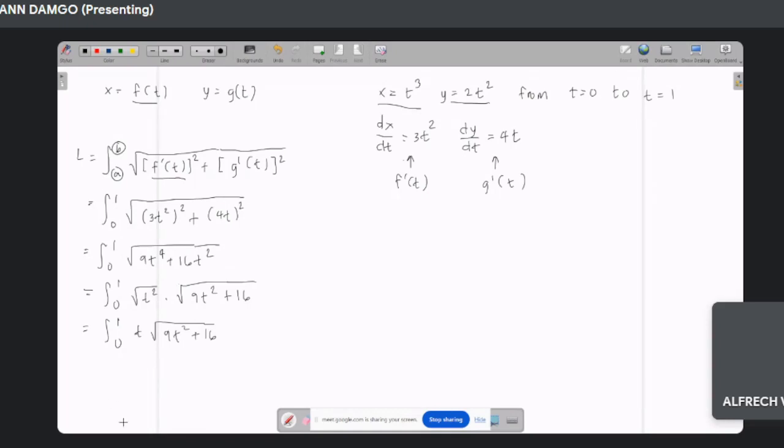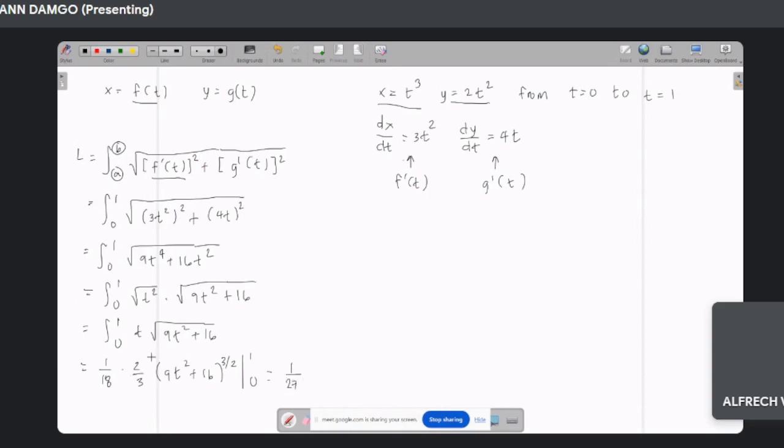So, this is equal to 1 over 18 times 2 over 3. So, we have 9t squared plus 16 to the power of 3 halves. So, evaluated from 1 to 0. Okay? So, now we have, simplify this is 1 over 27.